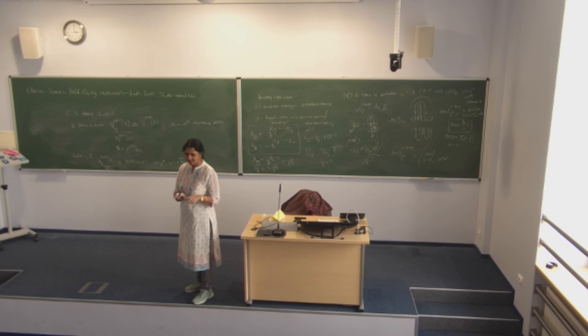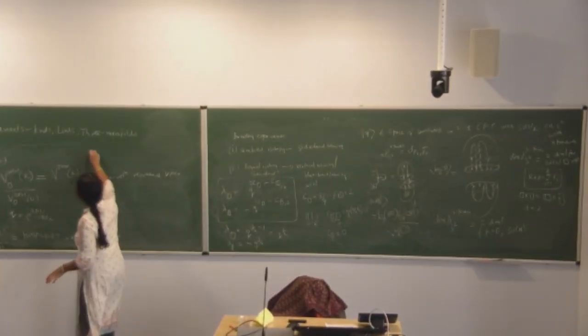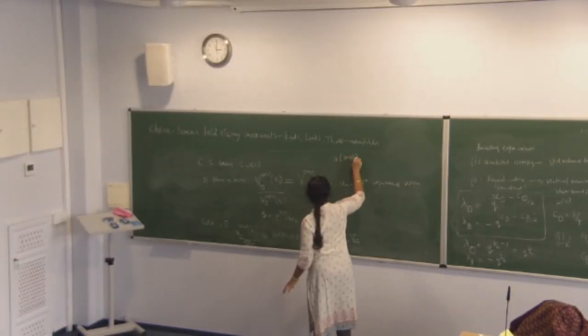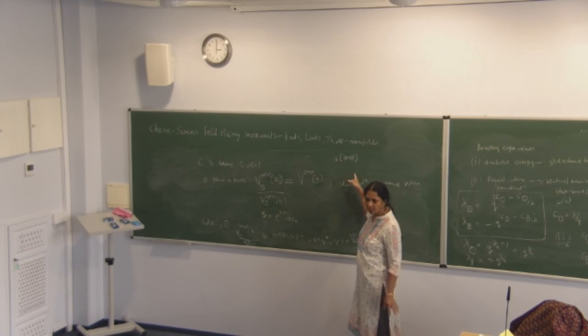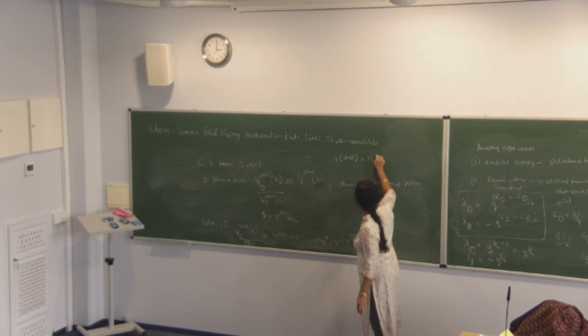The connected sum invariant, this piece is correct, right? This invariant has nothing to do with normalization.